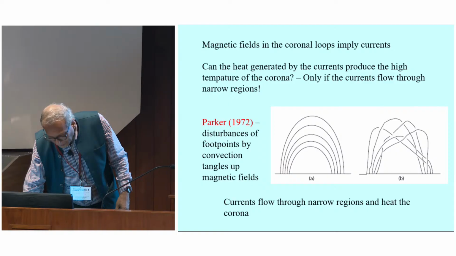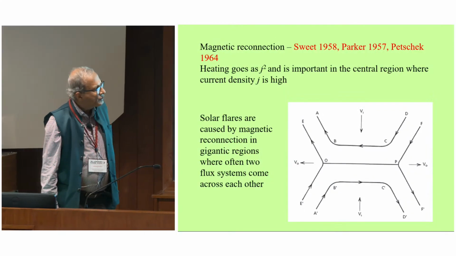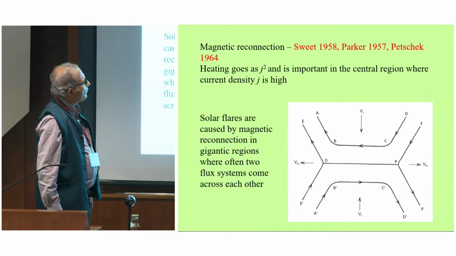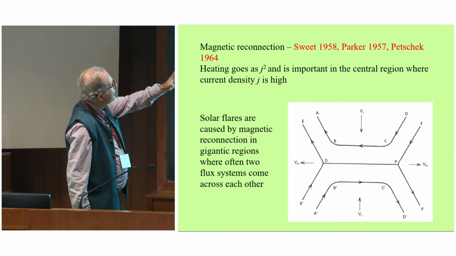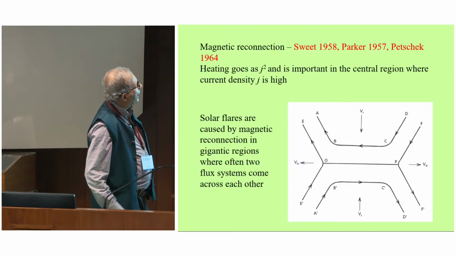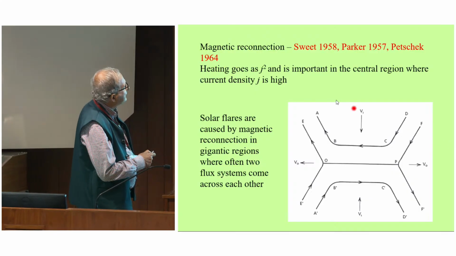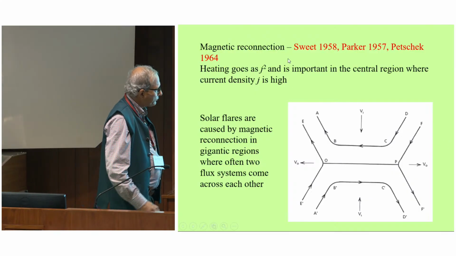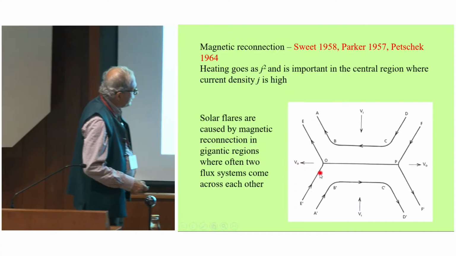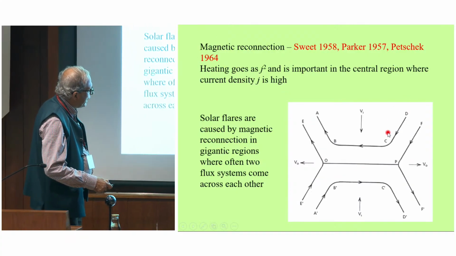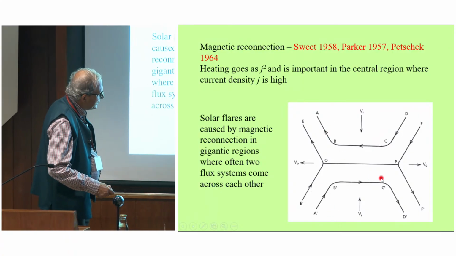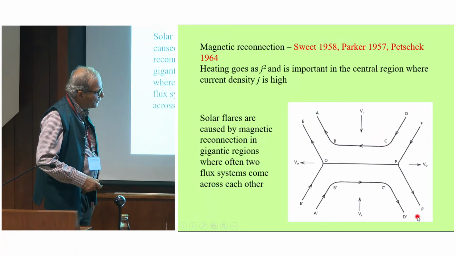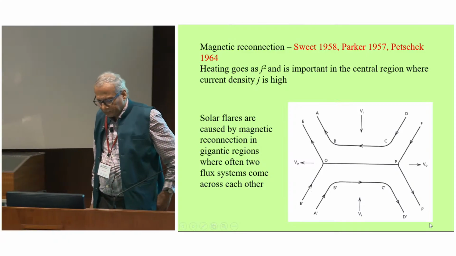And we also talked about solar flares. To explain solar flares, one has to invoke a very important plasma process known as magnetic reconnection. So suppose you have a region of plasma. On one side, the magnetic field goes in this direction, and on another side, the magnetic field goes in the opposite direction.